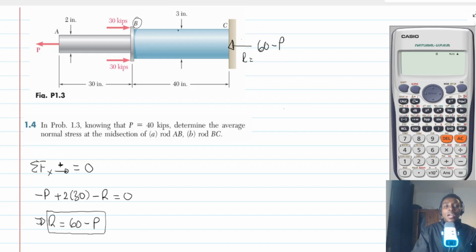Having done this, I can actually find the load which is acting in portion BC.